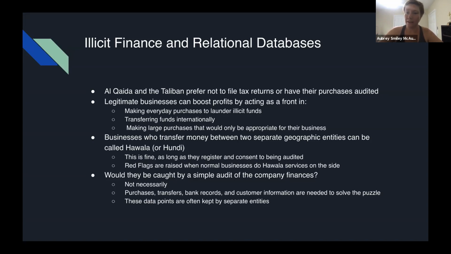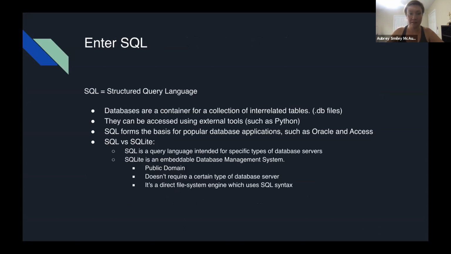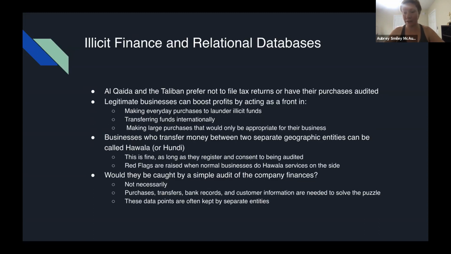So if you are the UN and you're looking to bust up some of this money, how do you find it? There are a couple of signs that really stand out to financial auditors. We'll talk about those soon, but a lot of them have to do with bringing together information from a bunch of different tables.